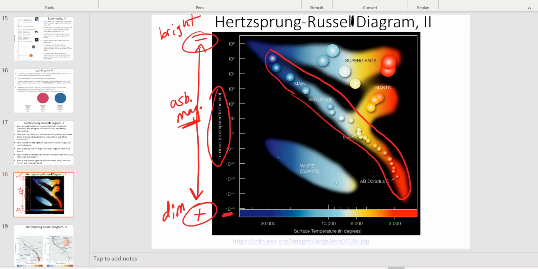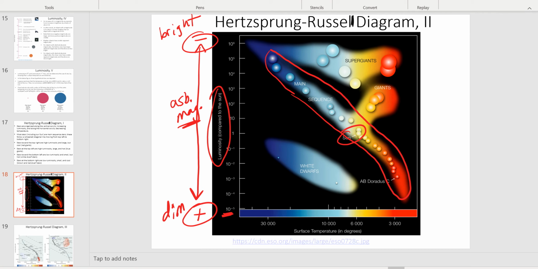We talked about that when we did the sun in lecture 5, the previous lecture. The sun is a good example of a star like that. The sun is almost right in the middle of the main sequence. The sun is a middle-aged star that is in hydrostatic equilibrium, it's not just being born, it's not dying, so it's in the main sequence.